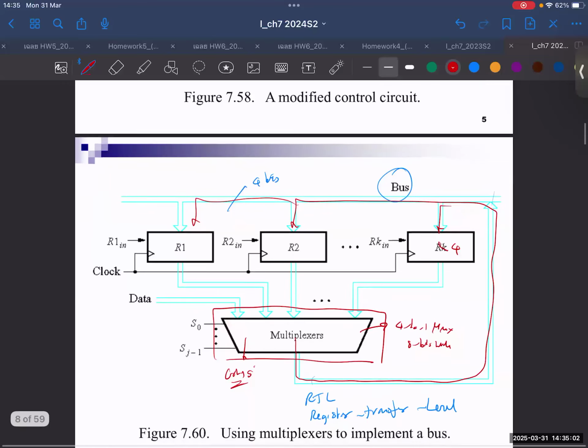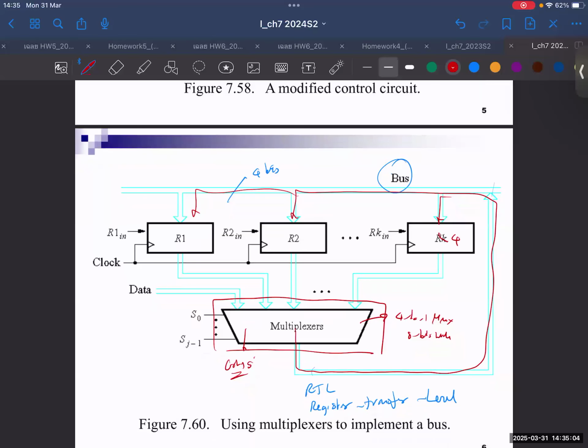So that is the alternative, of course. But if you are using this, you can see that now you have to control these signals. Let me give you another example. What if you want to do the same job? If you want to do R1 to R2, what do you want to do now? You can see the control signal now is different, right?